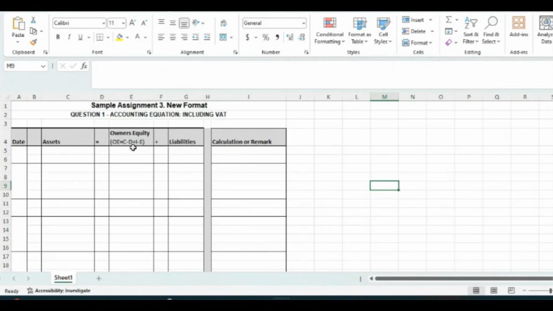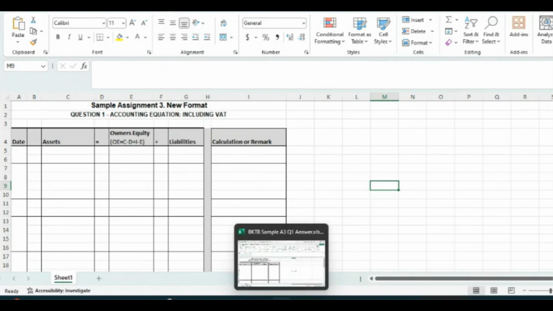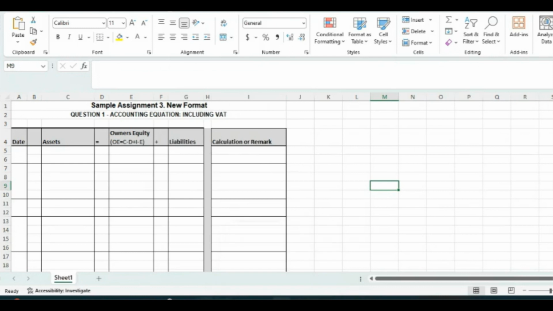What I've added for you is the broader definition of owner's equity, where owner's equity is capital minus drawings plus income minus expenses. And also what you will not have in your answer book is this calculation or remark that I am making here. Okay, so let's have a look at the first thing that's happening.